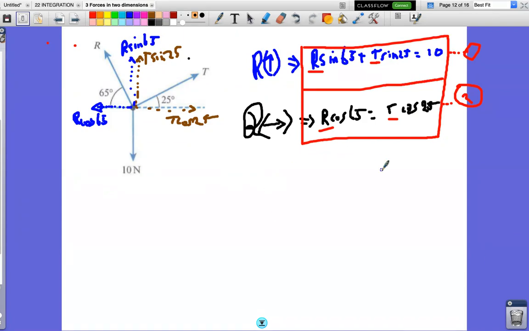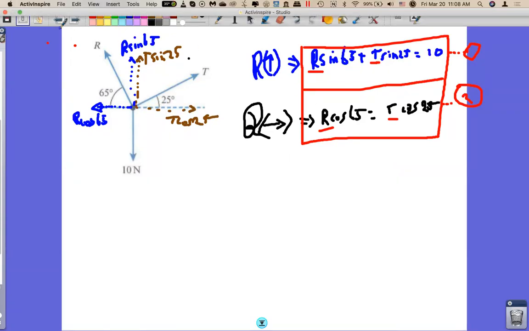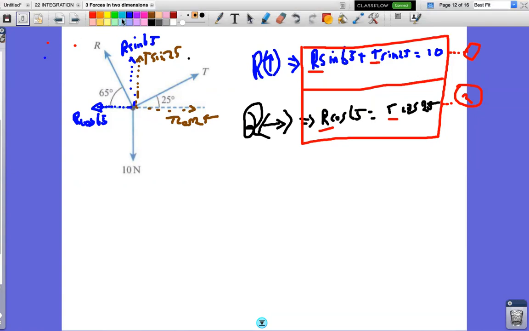So in essence, we will not resolve these forces horizontally and vertically. We can resolve the forces in any two perpendicular directions.